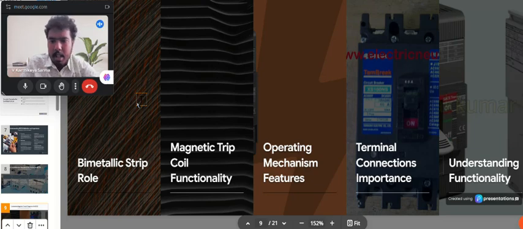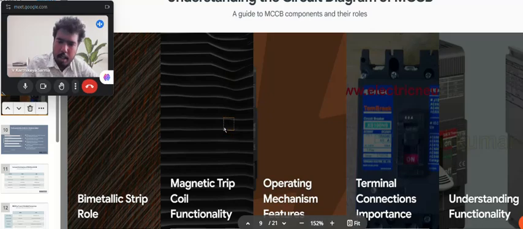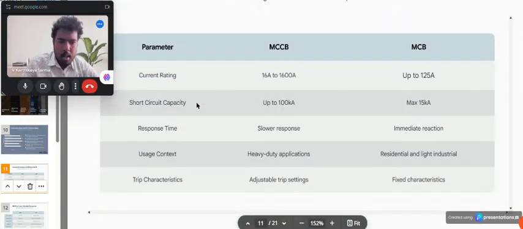If there is excess heat in the circuit, this bimetallic strip comes into functionality and breaks the current, and the magnetic trip coil trips when the voltage reaches the maximum peak voltage. We can adjust the voltage according to our application.